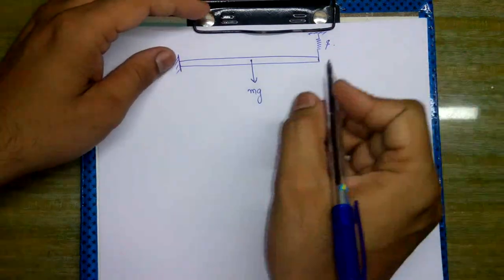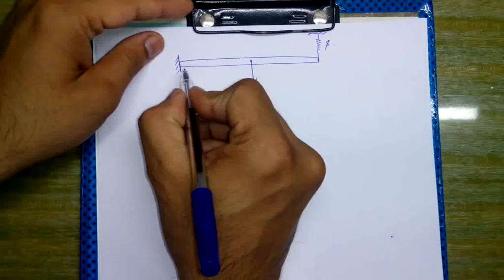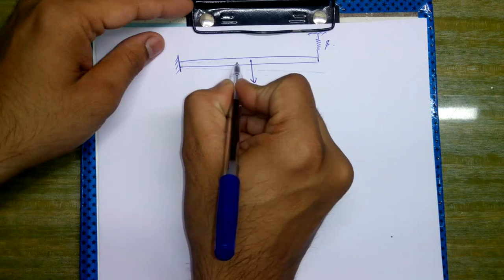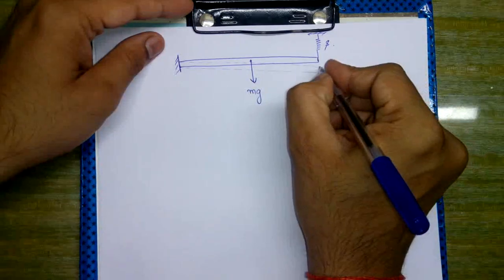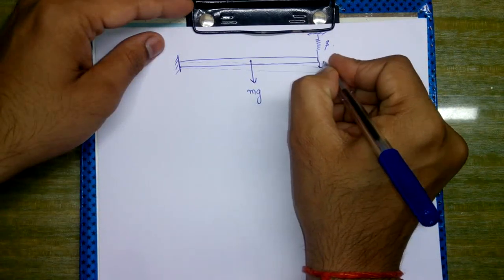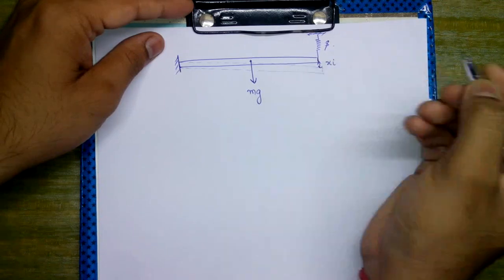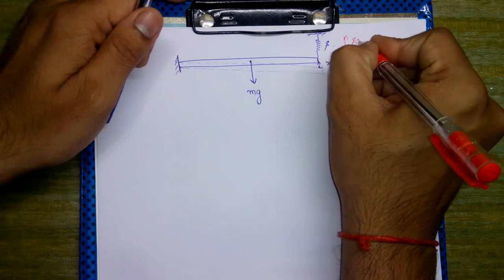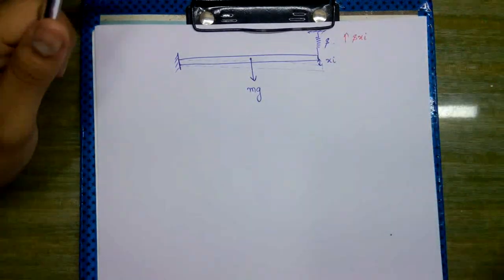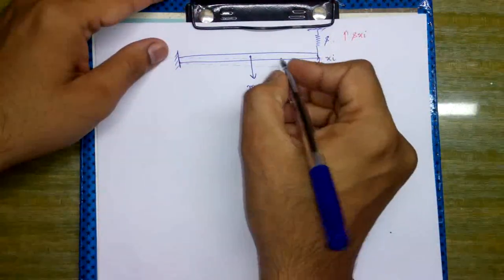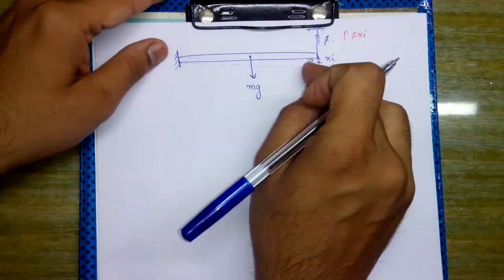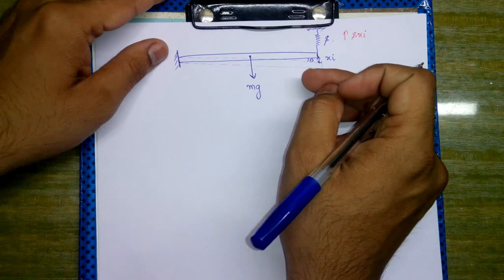Initially we will observe that this rod is getting a little bit of deflection by, say, an amount xi. So initially there would be s xi amount of force in this spring, and this deflection is actually taking place by a small angle, say theta.